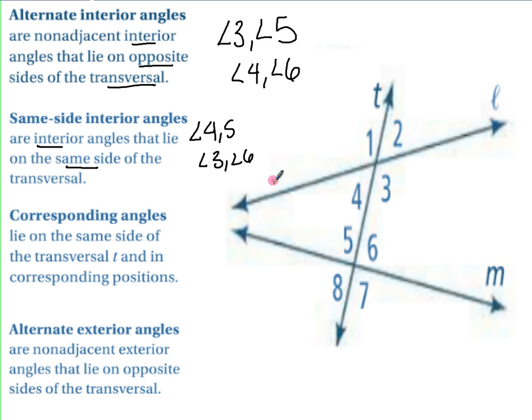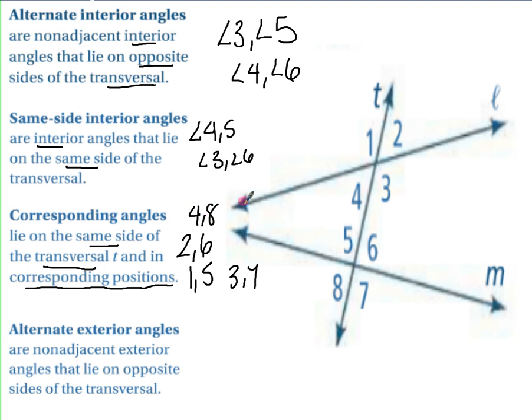Okay, next, corresponding angles. Okay, they lie on the same side of the transversal and in corresponding positions. 1 and 5. 2 and 6. What's another pair? 3 and 7. 1 and 5, 3 and 7, 4 and 8.